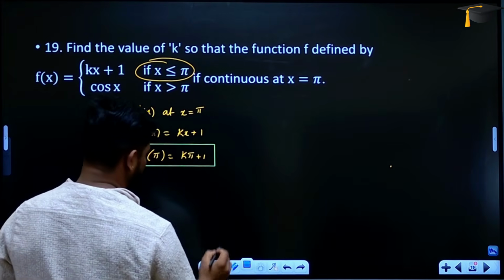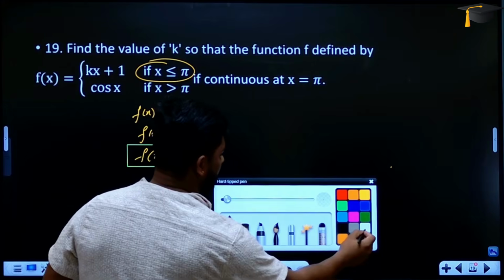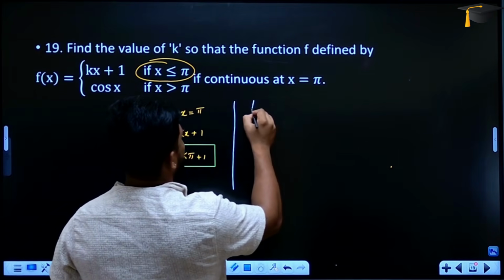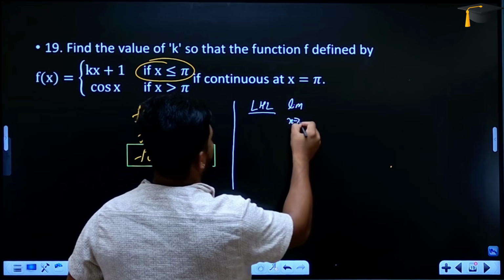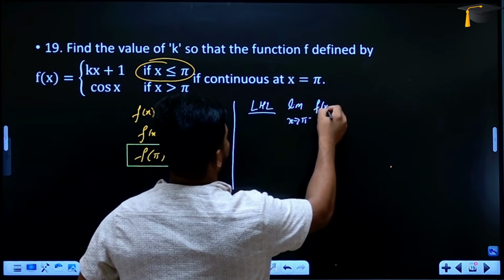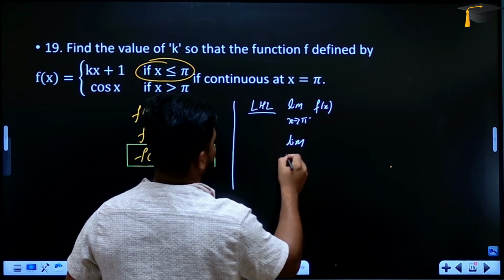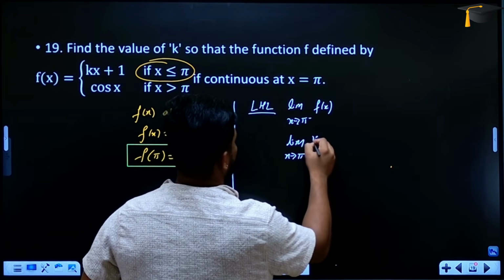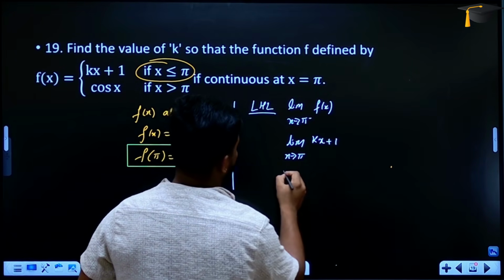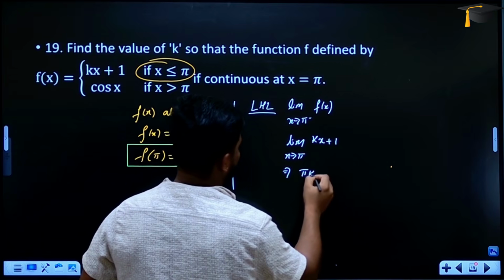Now, LHL, so limit x tends to pi minus f of x. So limit x tends to pi, f of x, where x is less than pi, is kx plus 1. Replace x by pi, so it becomes pi k plus 1.